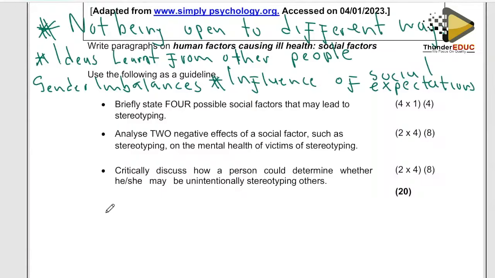So the second bullet reads, analyze 2 negative effects of a social factor, such as stereotyping on mental health. How does stereotyping affect mental health?